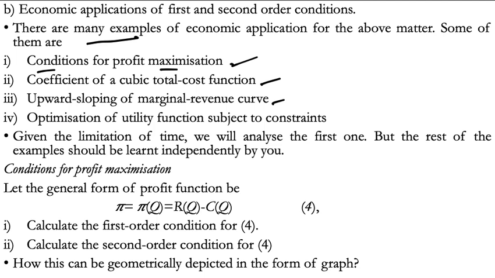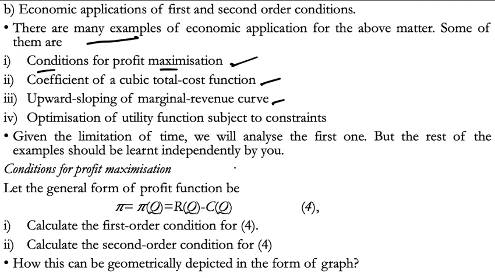Now, if we look at the condition for profit maximization here, we have the profit function, in which revenue minus cost is given by expression 4. The first thing that we need to do is calculate the first order condition, because by having the first order condition, we know that the profit has been maximized.